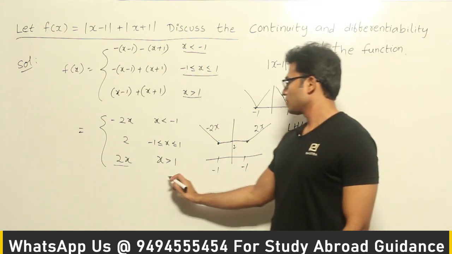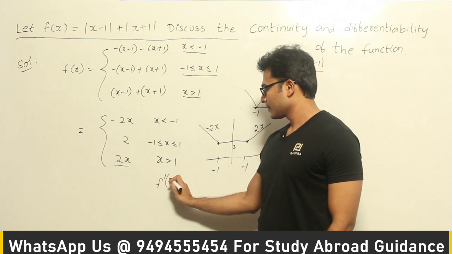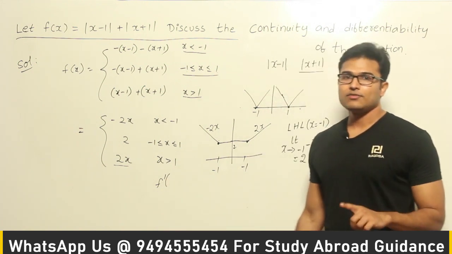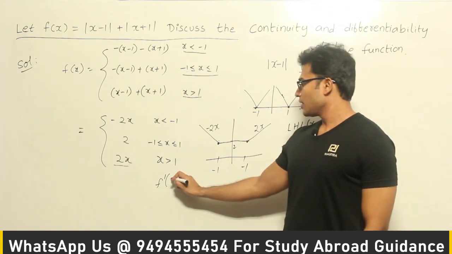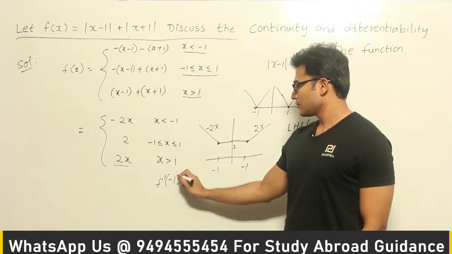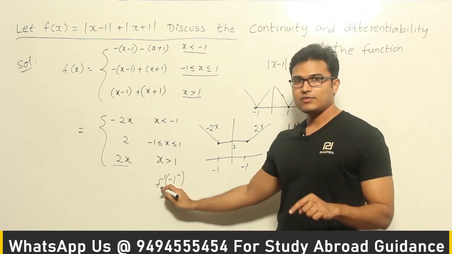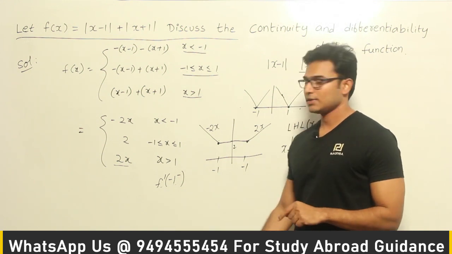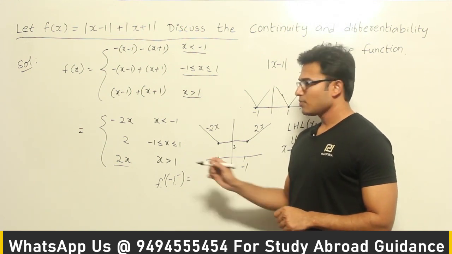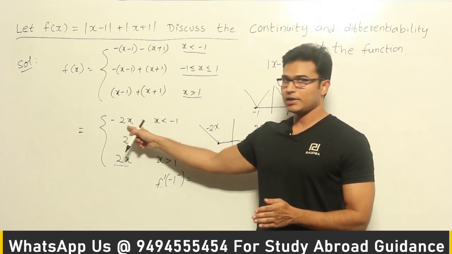Now I want to find out f dash of x, and I want to find out the left limit at -1, which means f dash of -1 minus, this is what I want to find out. Now if I am talking about a point which is to the left of -1, then this is what I am looking at.